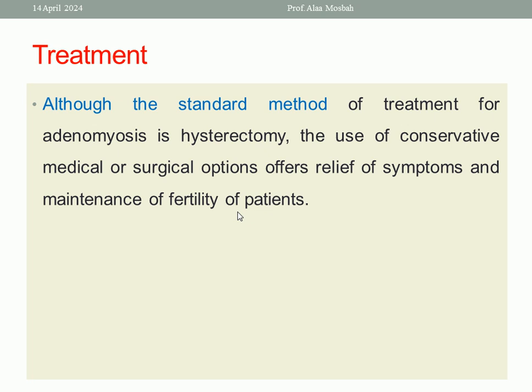So, if I am searching for fertility for the lady, I am going to use conservative medical or conservative surgical treatment, not hysterectomy, of course. I can control the pain, I can improve the fertility.